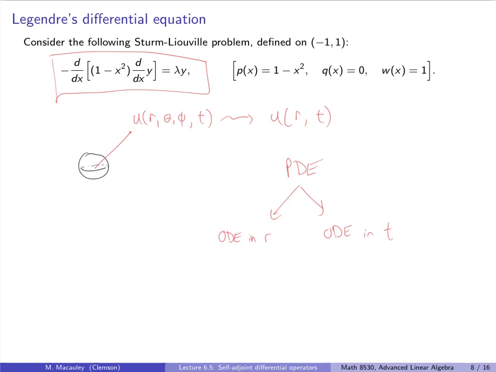So p(x) is 1 minus x squared. q(x) was another term that was in here. It's equal to 0. Don't worry about it if you don't remember where these things occurred. And w(x), that was this weighting function on the right-hand side, is equal to 1.